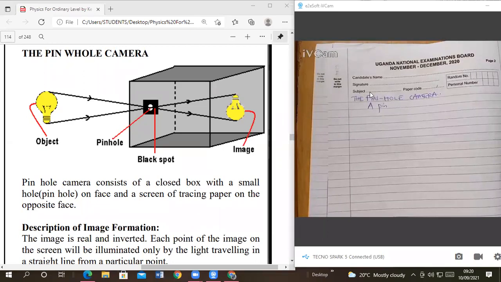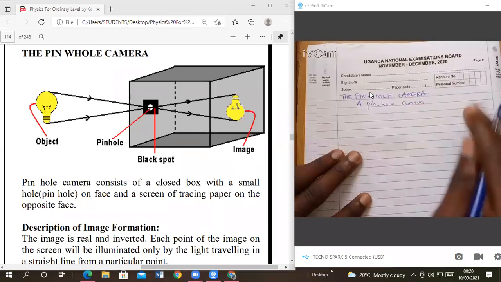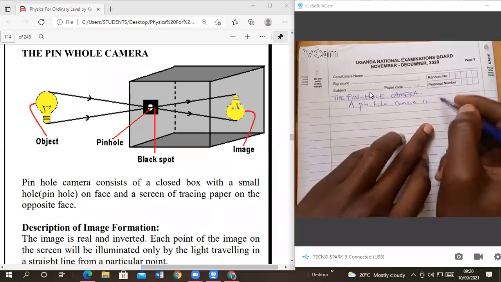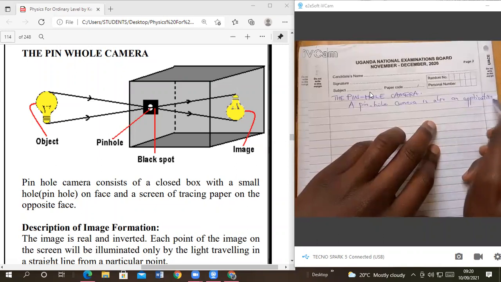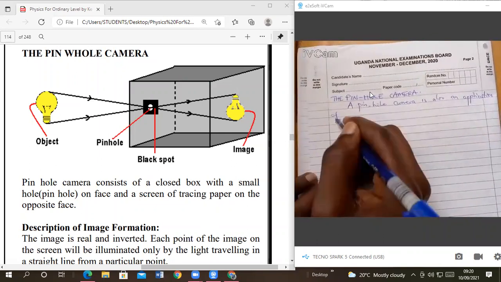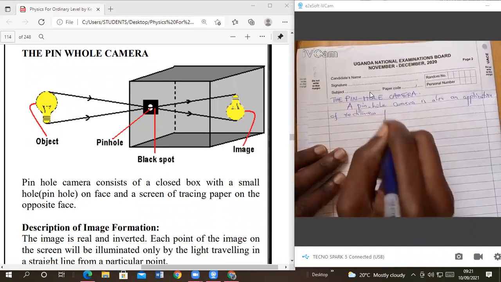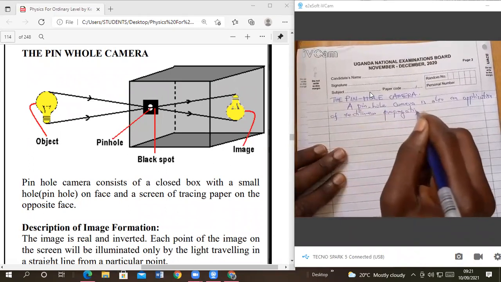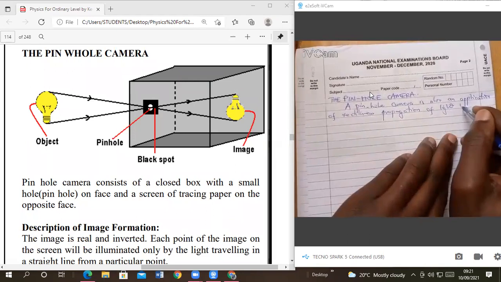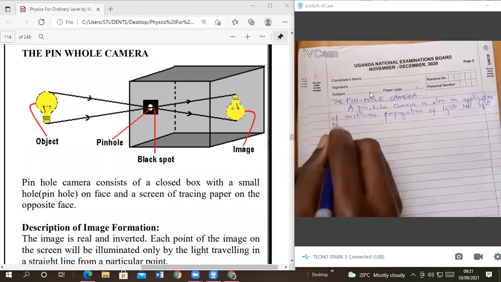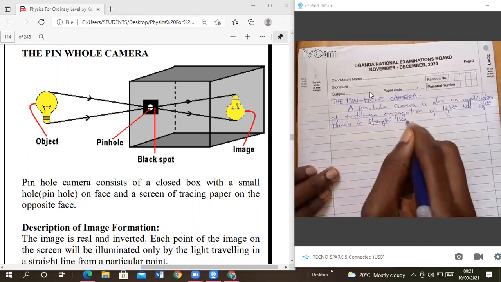Are we together? So we said a pinhole camera is also an application of rectilinear propagation of light, that is, light travels in straight lines.